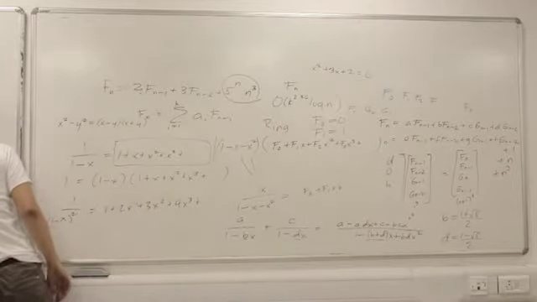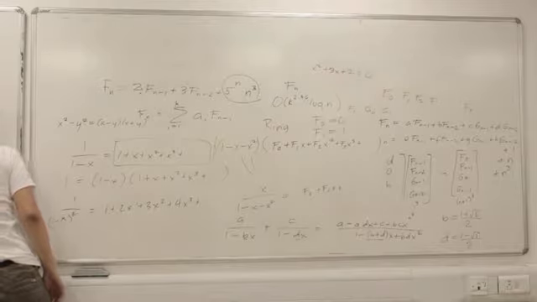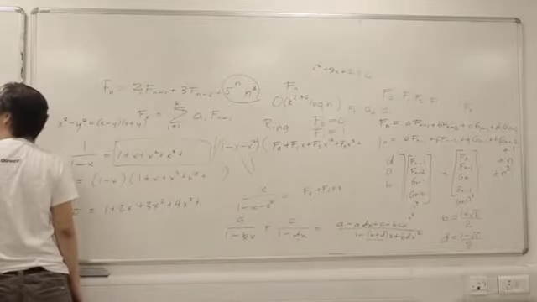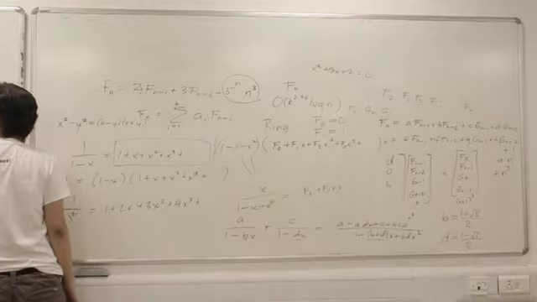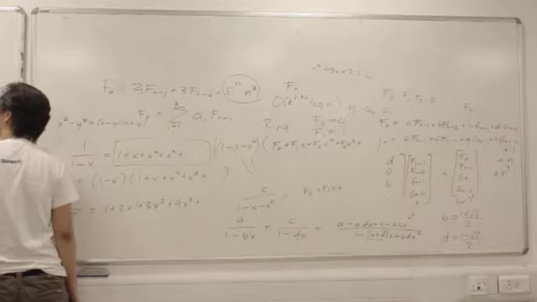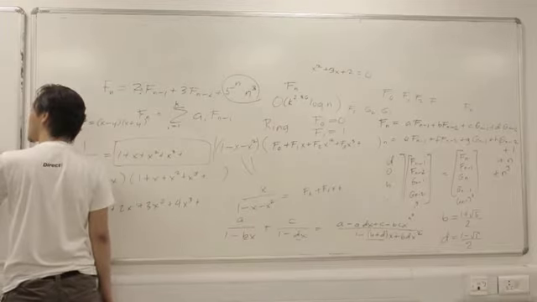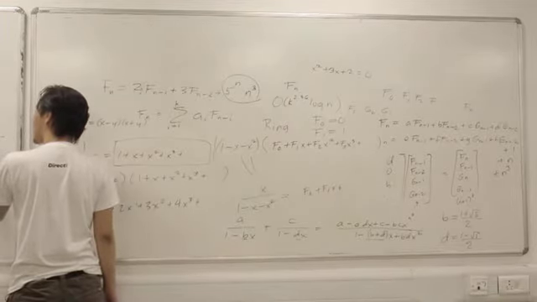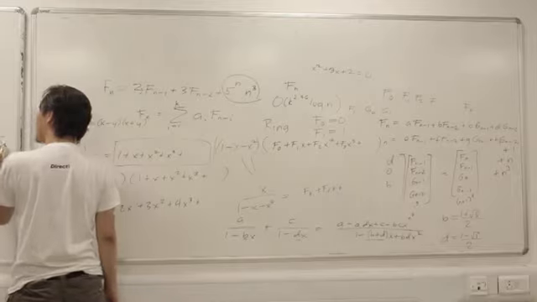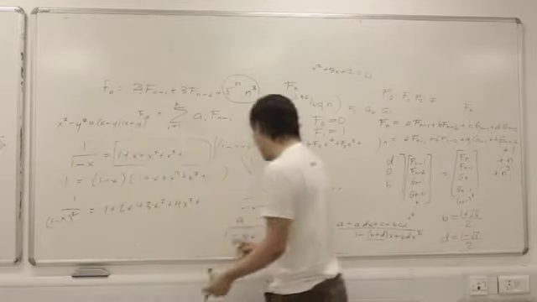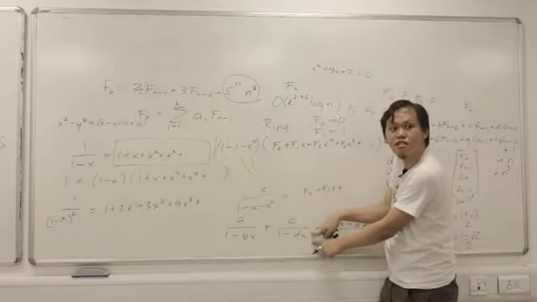So we can write x over 1 minus x minus x squared as 1 over square root of 5 times 1 over 1 minus (1 plus square root of 5 over 2)x, minus 1 over square root of 5 times 1 over 1 minus (1 minus square root of 5 over 2)x. Okay? The numbers are not so nice, but the idea is just you want to decompose this into this.